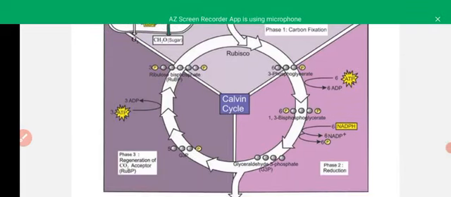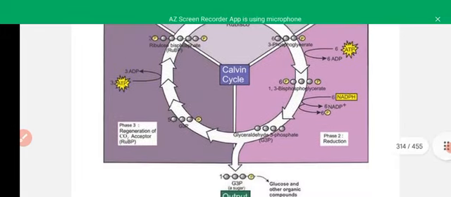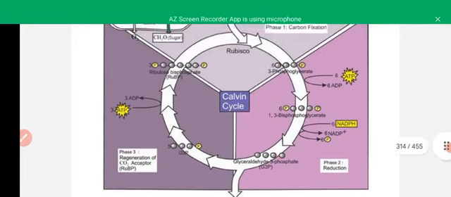Then the second phase is the reduction. How is it reduced? By taking hydrogen from NADPH.